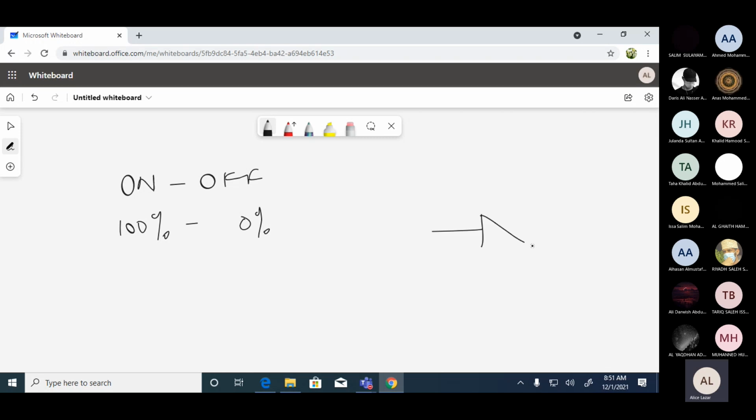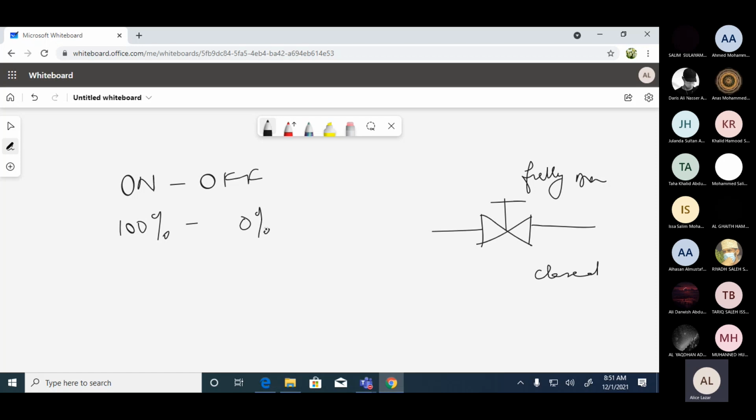That means this valve is either fully open or it is completely closed. We don't have a middle position. We can't have it opening half or opening the valve 10% or 20%. That is not possible for an on-off controller.